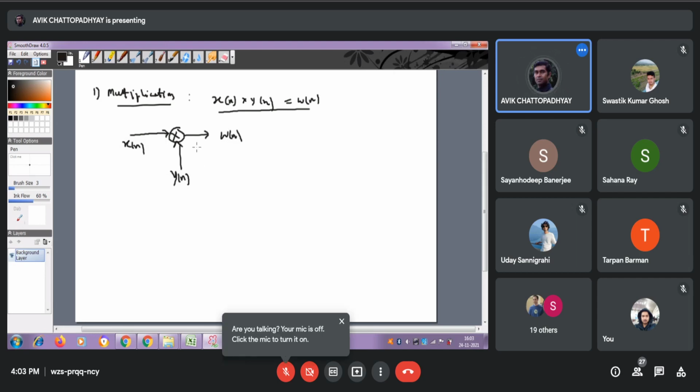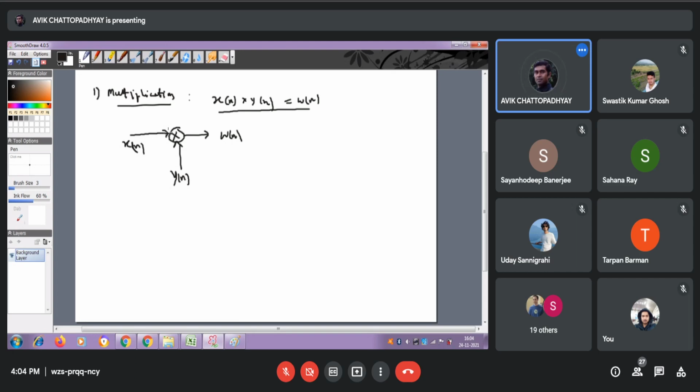Basically, this circular region within which we have this cross, the cross indicates the multiplication operation. This is a kind of box where the operation is taking place. So xn is coming from this direction, and suppose yn is coming from this one. The arrow is very important, it indicates they are moving inside the box, which in our case is the multiplier.